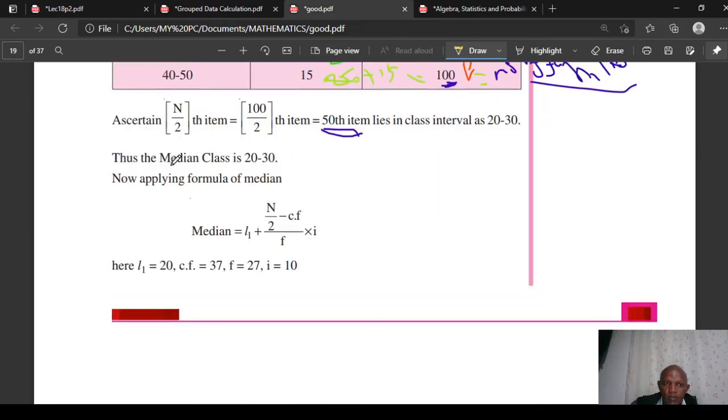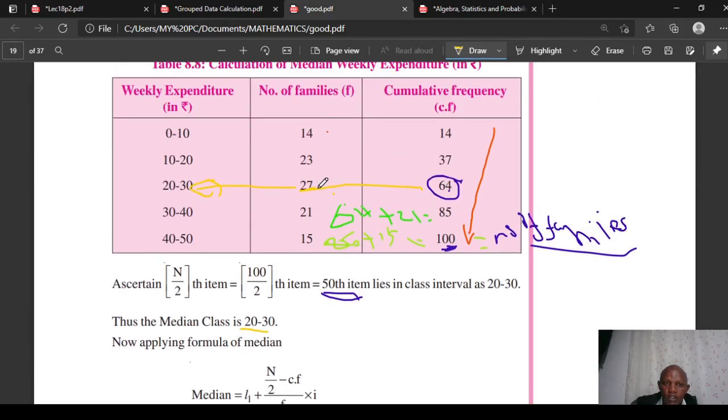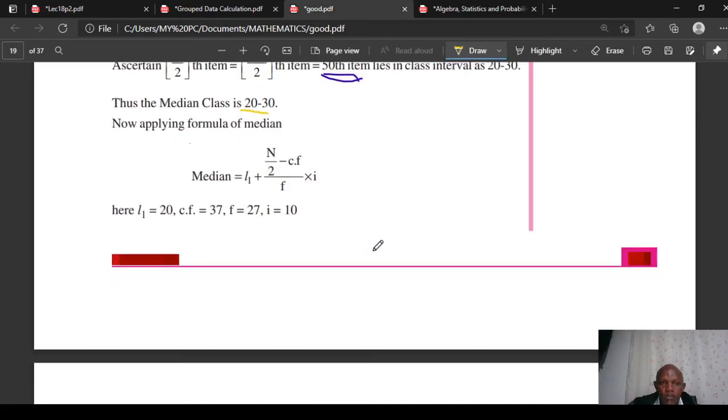So you are seeing the median class is 20 to 30, and 27 is the frequency in that class. So median will therefore be L plus n over 2 minus CF over f times I.